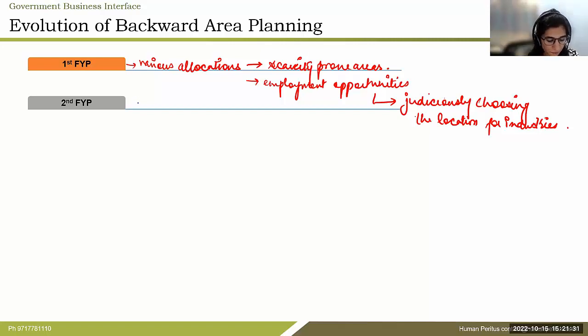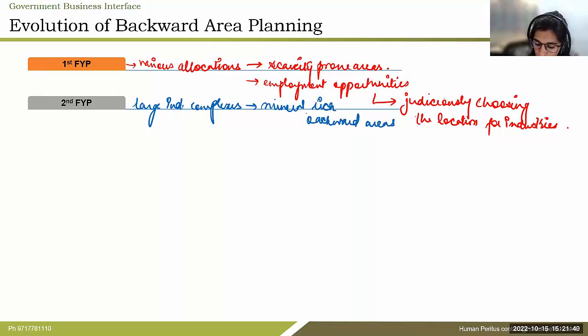All right? So in that case, what happened here is large industrial complexes in mineral-rich backward areas. All right. So this was the thing which happened in the second 5-year plan.